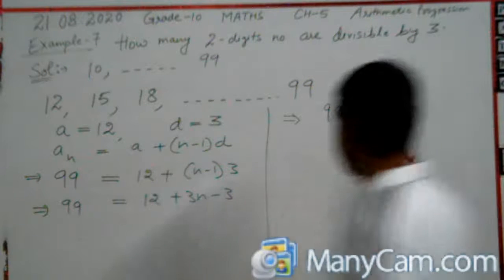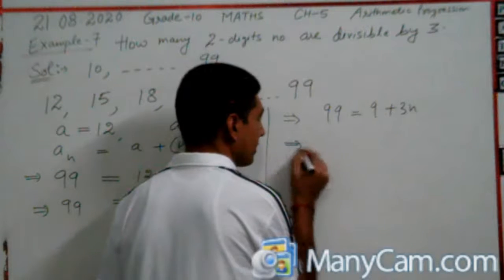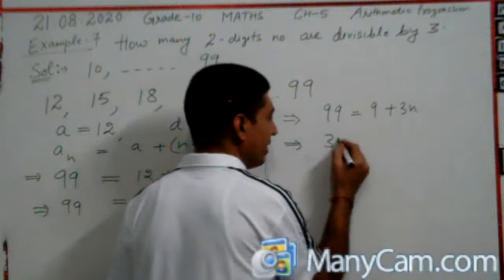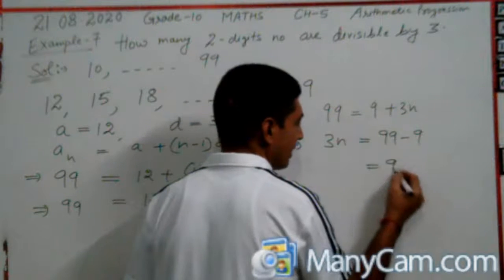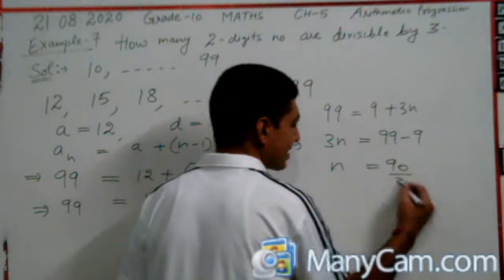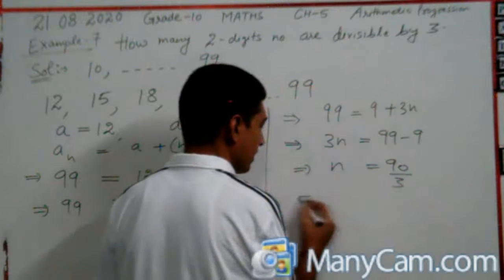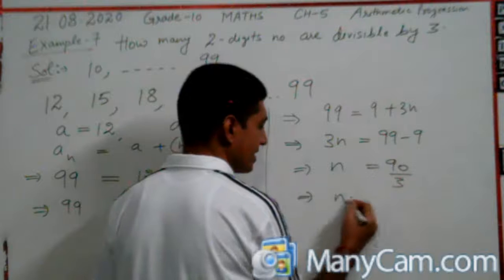We can write 3n equals 99 minus 9, that is 90. So what is n? n is 90 divided by 3, that is 30.